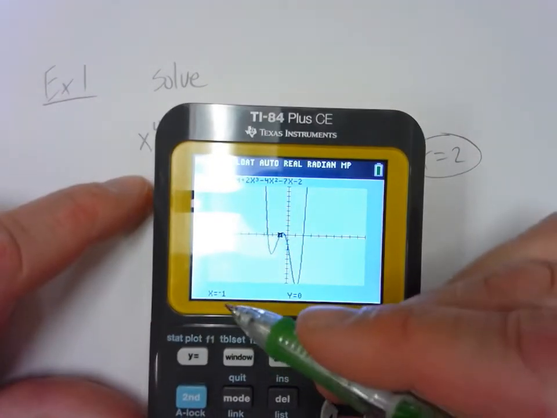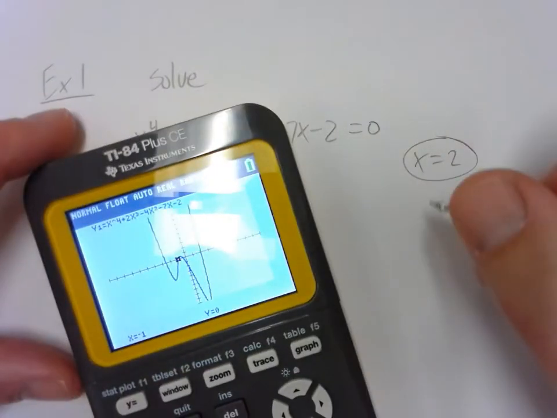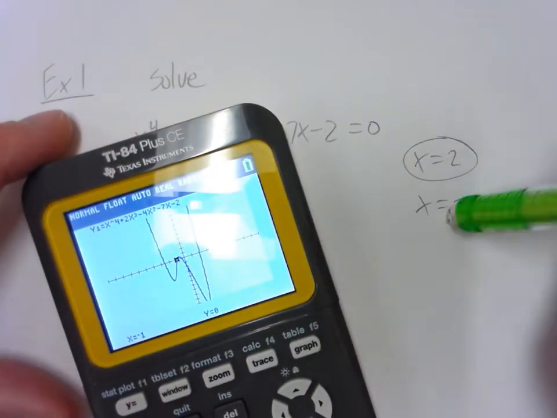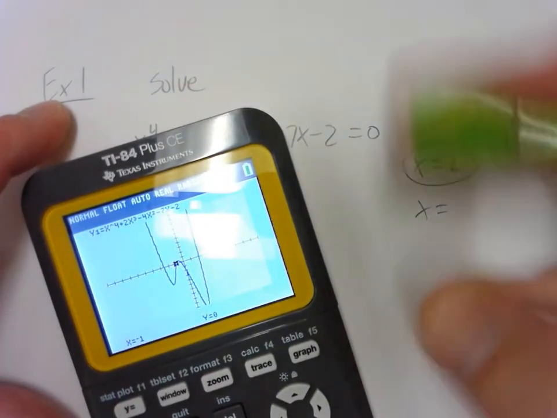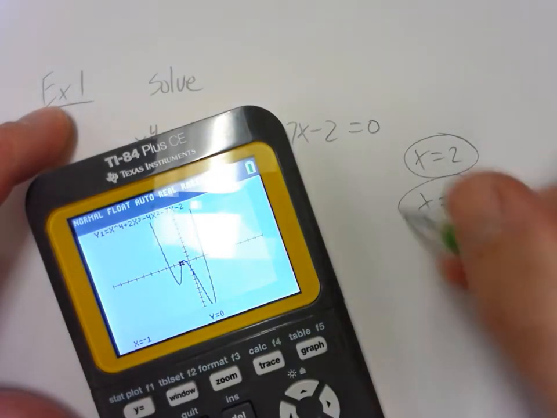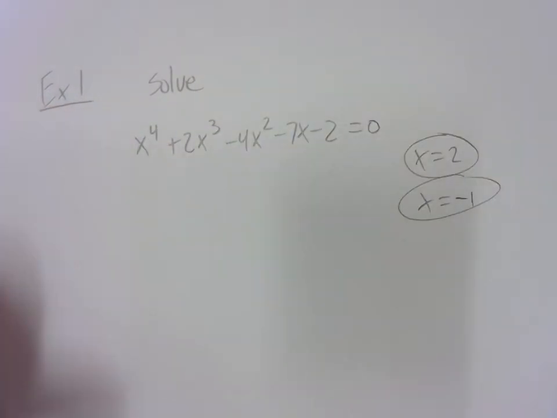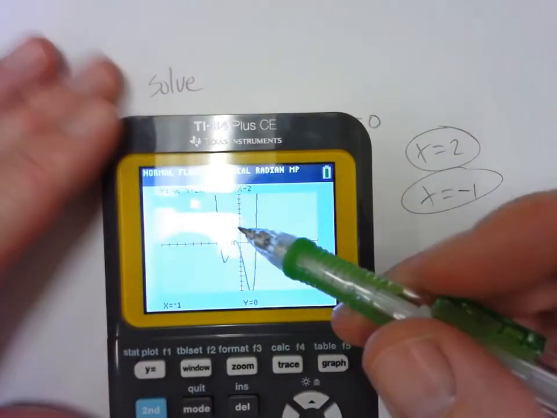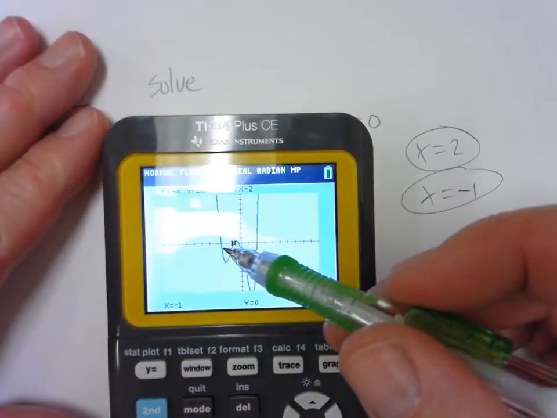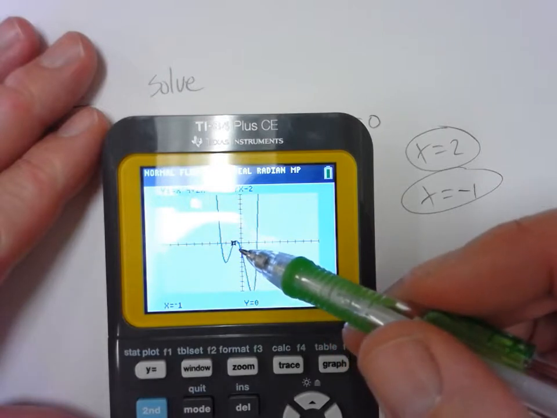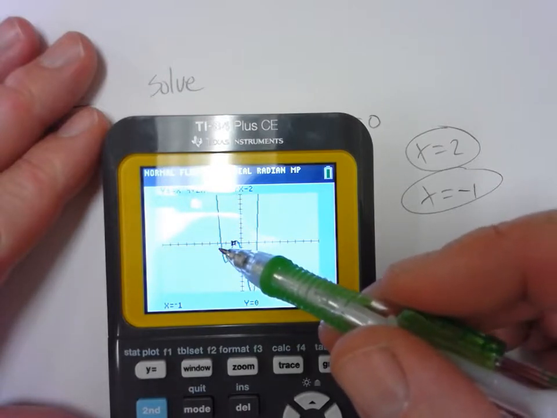See, it's -1, 0. So x is equal to -1. I know these are two solutions that I found here. Now, there's another real solution there that appears to be around -2, and some change, maybe around -2.6.